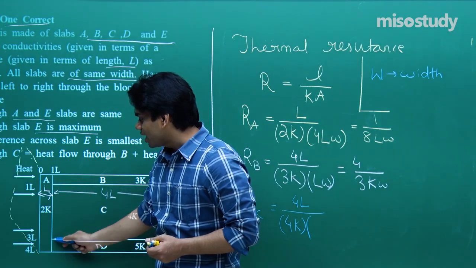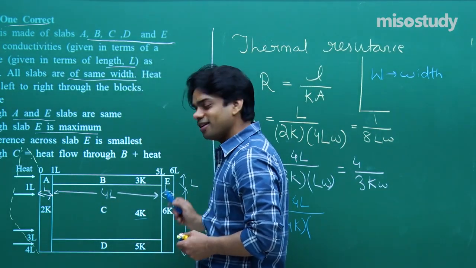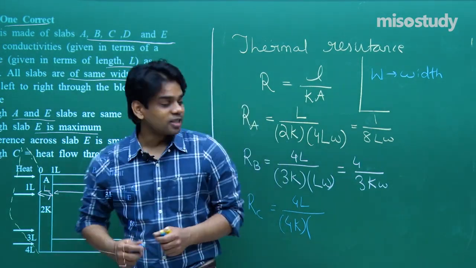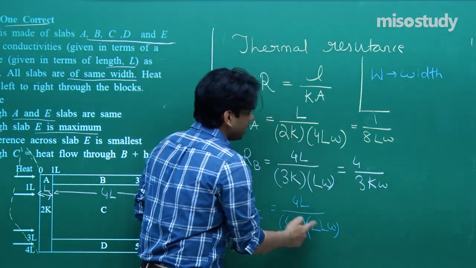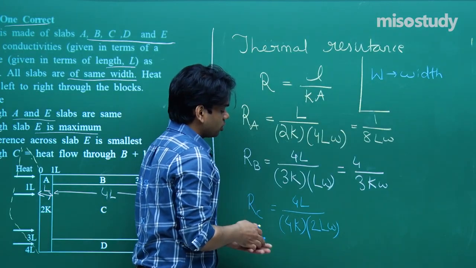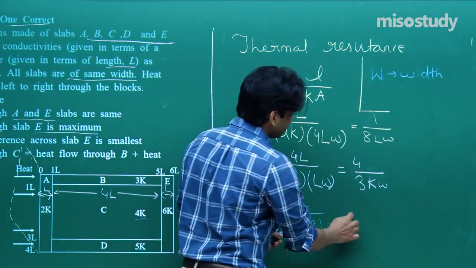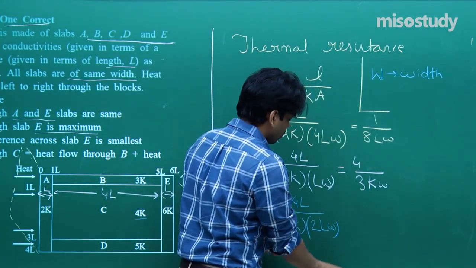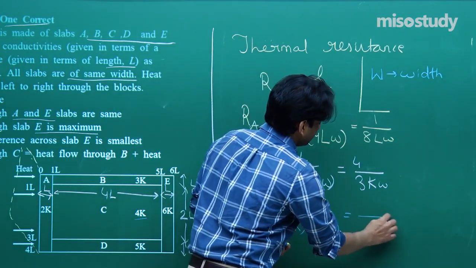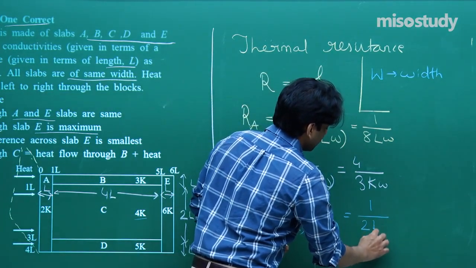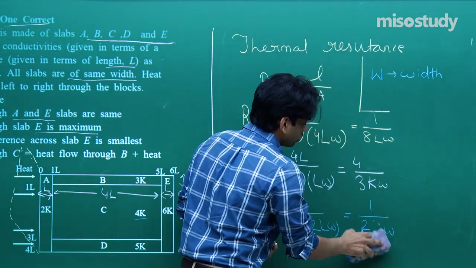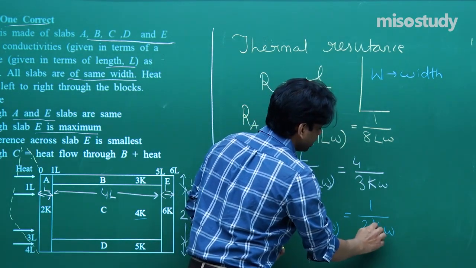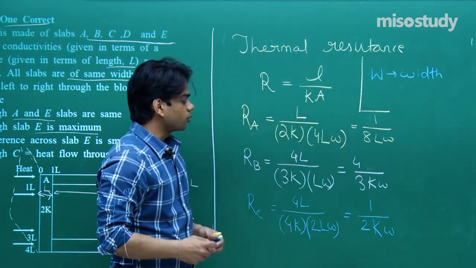From 1L to 3L, I have already given, this is 2L, so 2L multiplied by W. L and L will be cancelled out and 4 and 4 will be cancelled out, it will be 1 upon 2 kW. This is what you are going to obtain here.